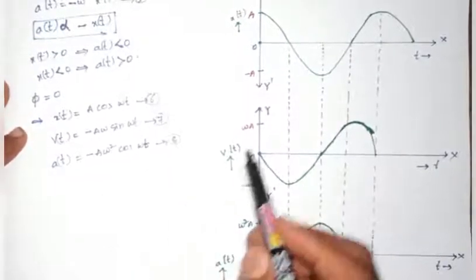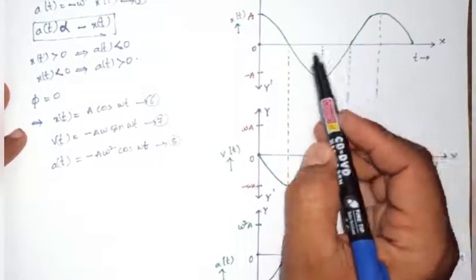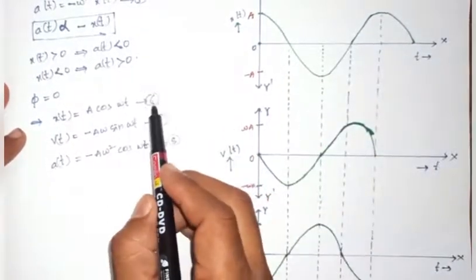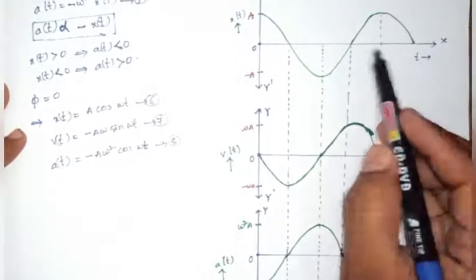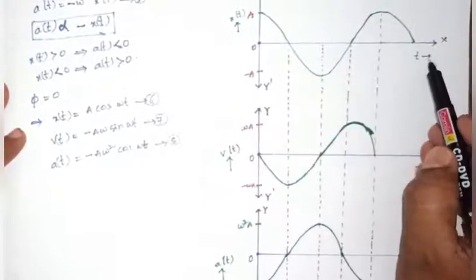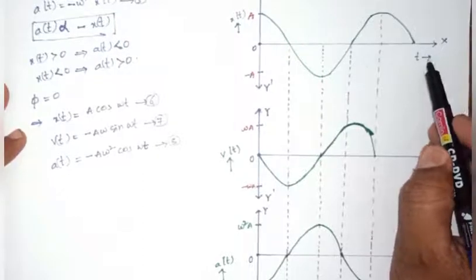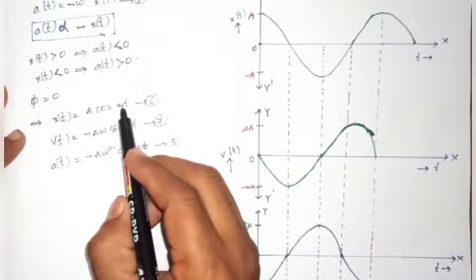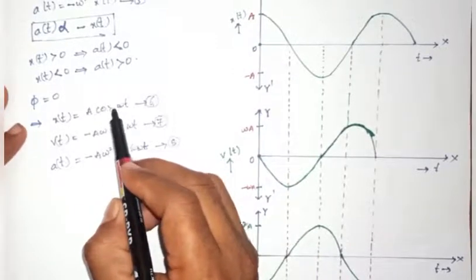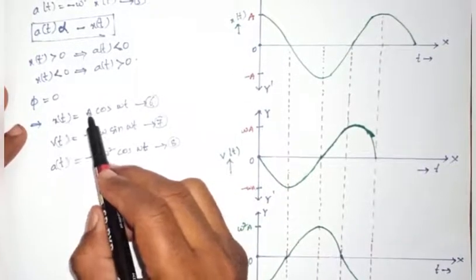When we plot the graph of equation number 6, between time and displacement, when omega t equals 0, cos 0 equals 1, so x of t equals plus a.